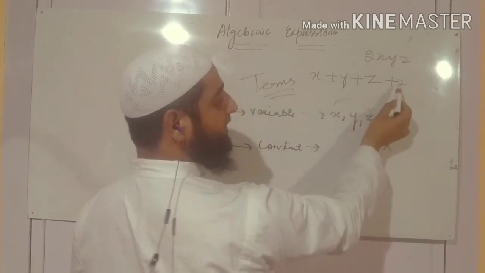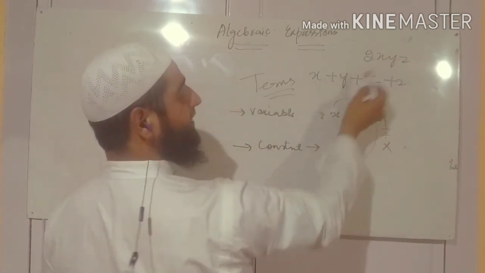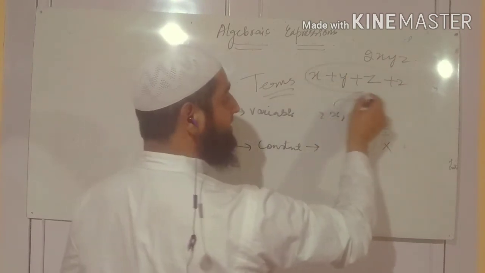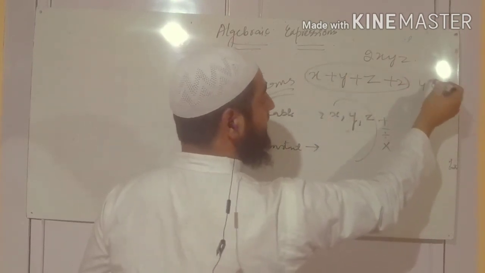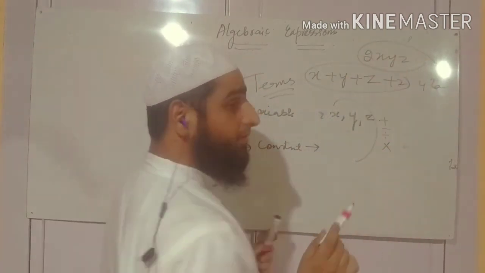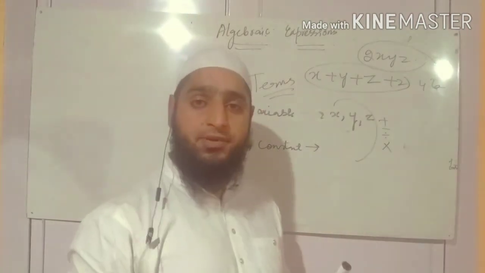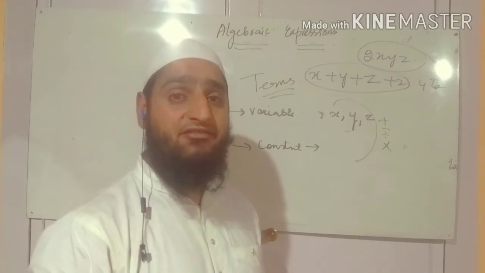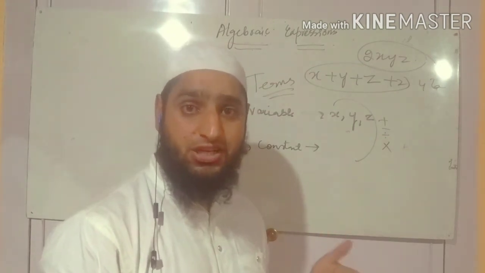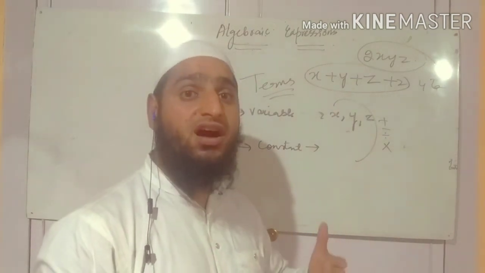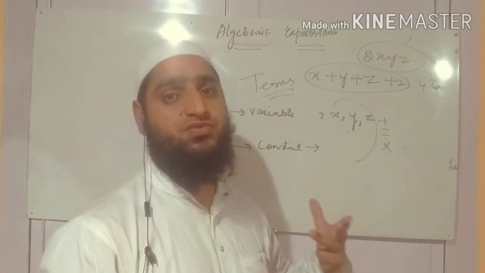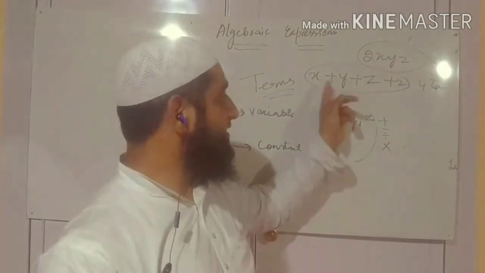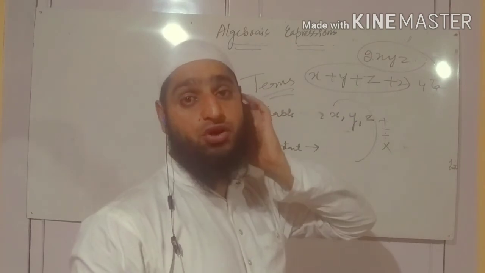You see here 2xyz, but remember these are 4 terms and this is a single term. Remember this. In case of multiplication we say it is only a single term, and when they are separated by addition or subtraction we call them singly as terms. We sum them up. It means there are 4 terms and here it is only 1 term.